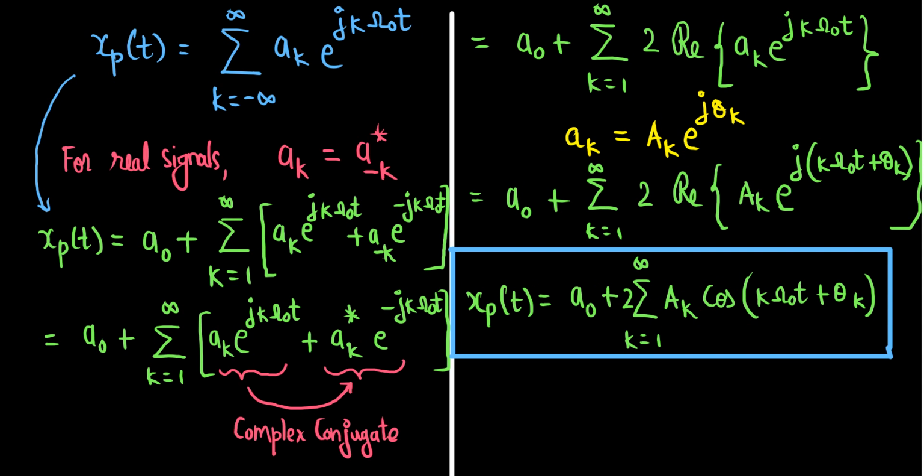Now as we have considered this ak in polar form, we can also represent this ak in Cartesian form.